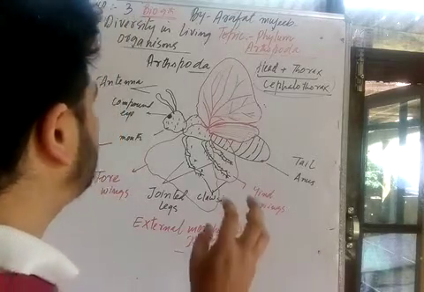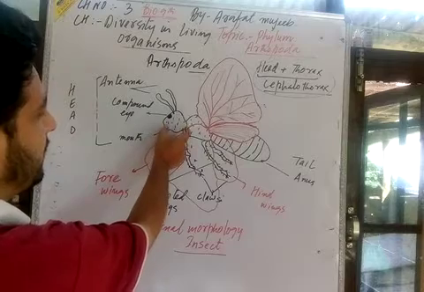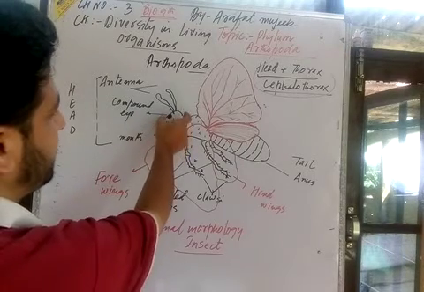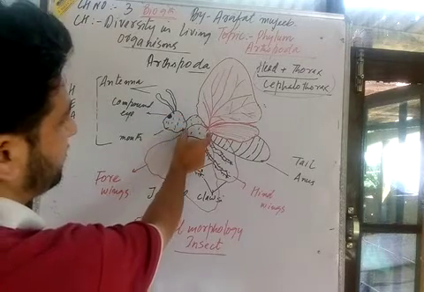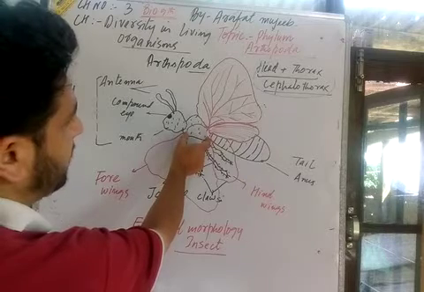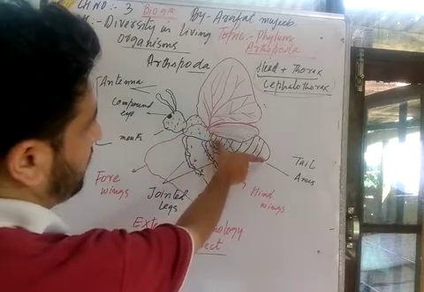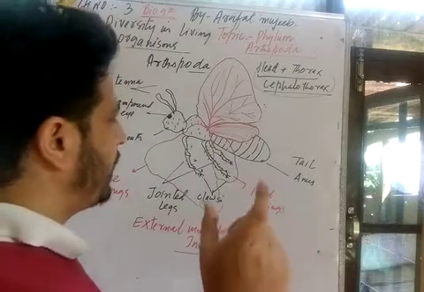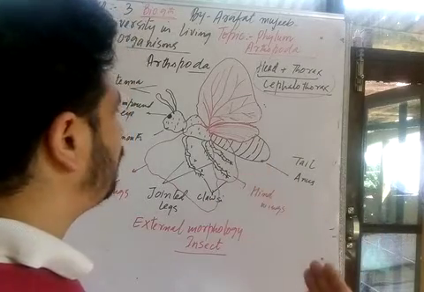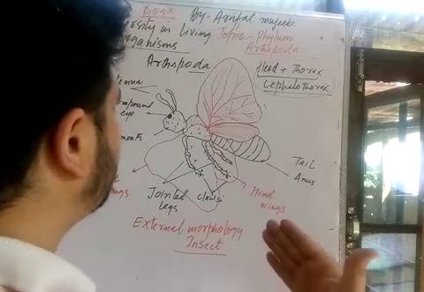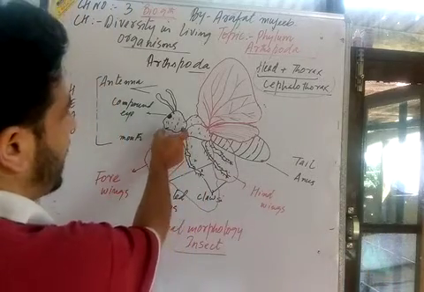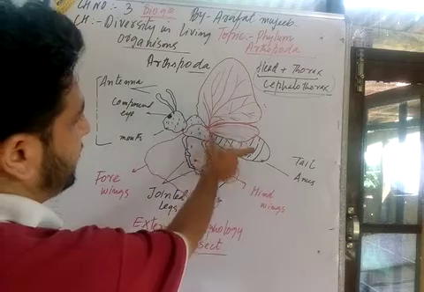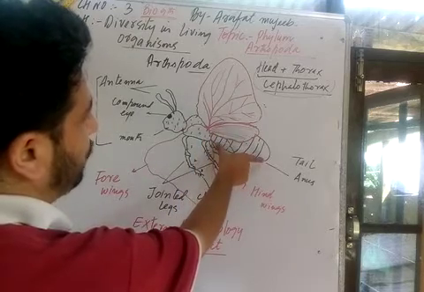First of all, you see that here is the head part, and this is the thorax part, and this is the abdominal part. That means in Arthropoda, the body, according to its structural morphology, can be differentiated into 3 parts: head, thorax, and abdomen.